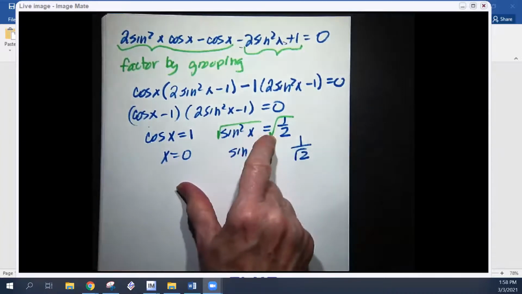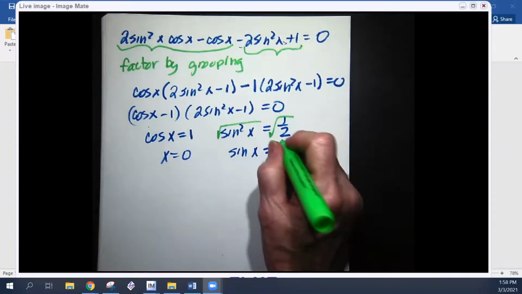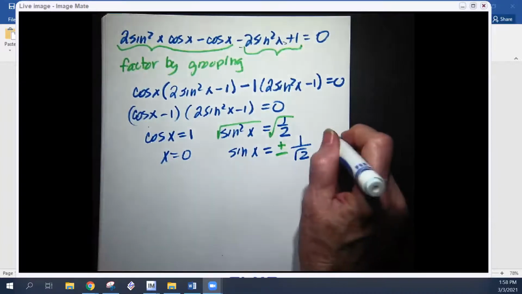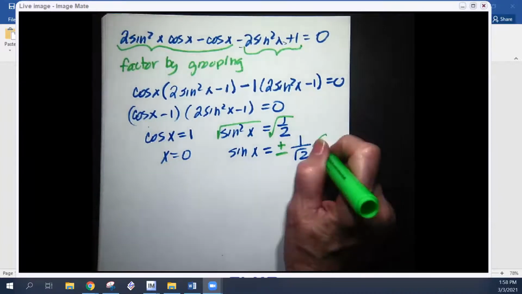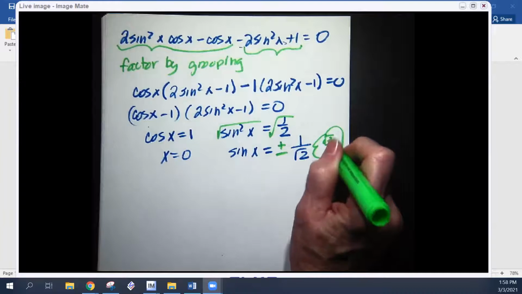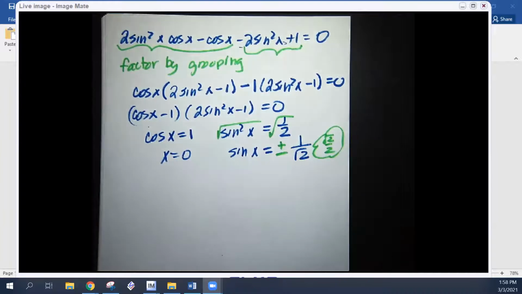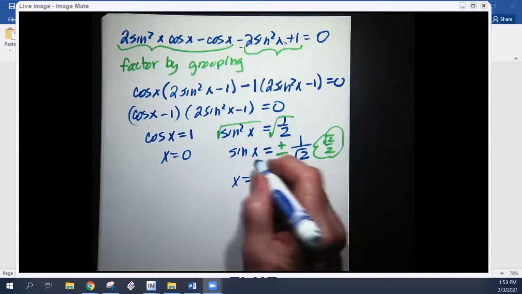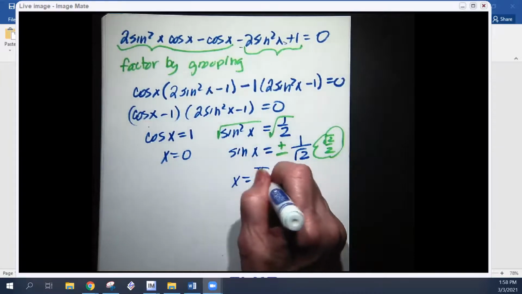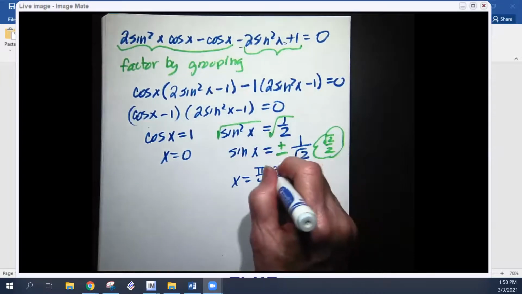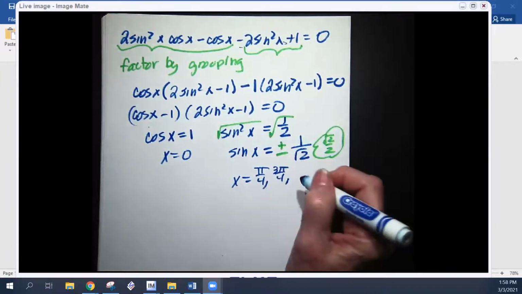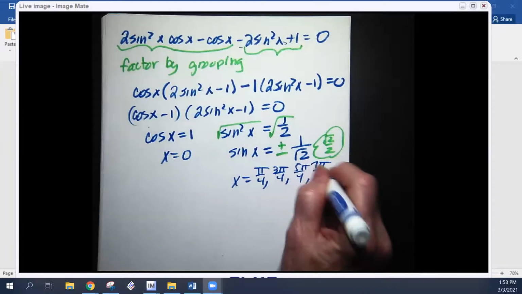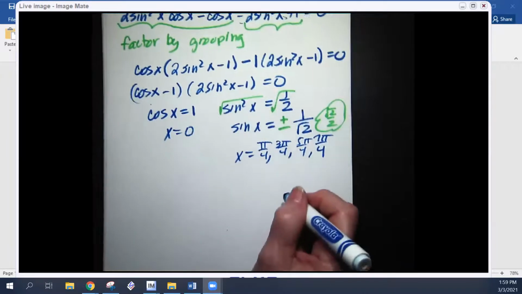And because I input the square root there, it is plus or minus. And think about that as the square root of 2 over 2. So x is equal to square root of 2 over 2 are the pi over 4s. So pi over 4 and 3 pi over 4 are the positive ones. 5 pi over 4, 7 pi over 4 are the negative ones.